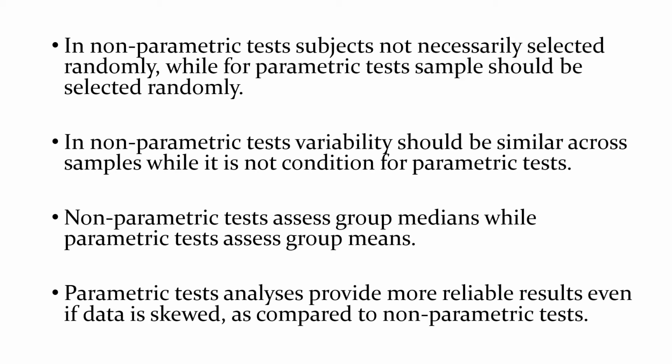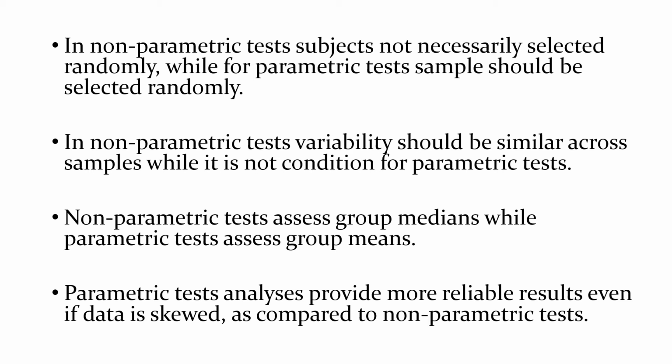In non-parametric test, subjects are not necessarily selected randomly, while for parametric test, samples should be selected randomly. Randomization is an important step in parametric test, while it is not an important condition in non-parametric statistics. Similarly, variability is not an important concern in non-parametric tests.